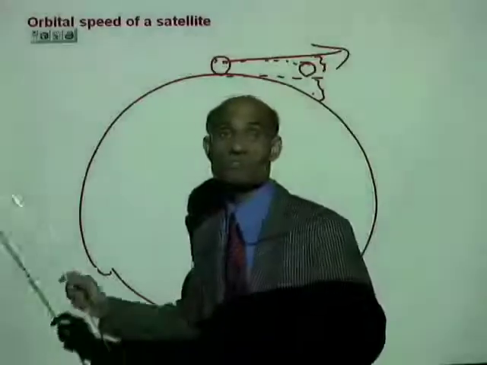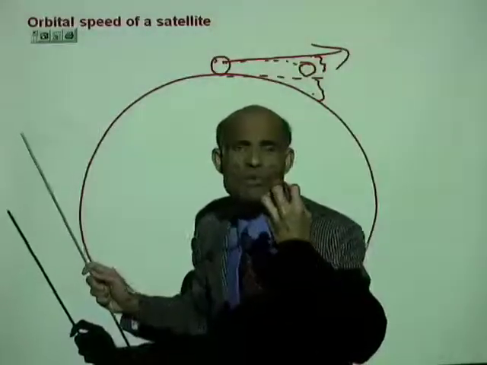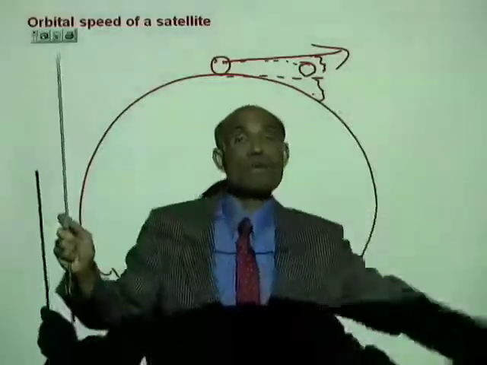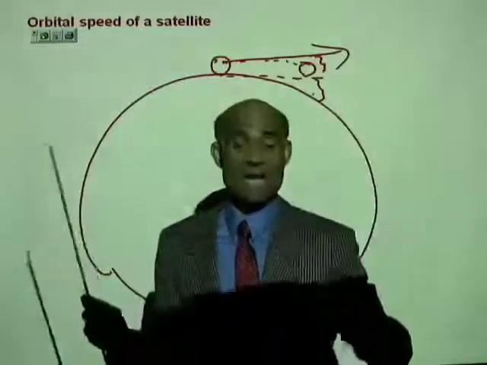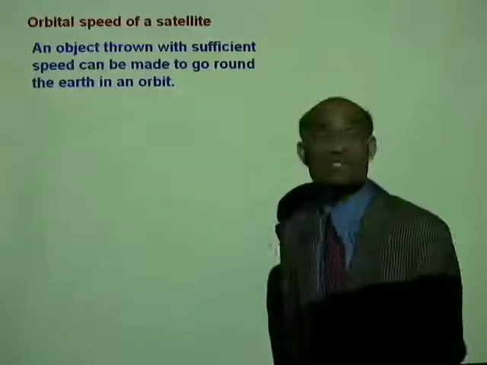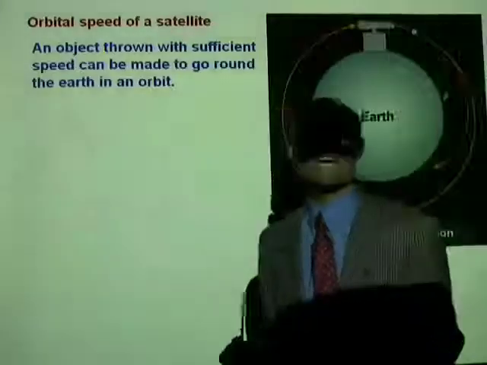Now, the question we are trying to answer here is, what is the minimum speed we require so that an object thrown will simply go in an orbit around the Earth? Okay, an object thrown with sufficient speed can be made to go around the Earth in an orbit.